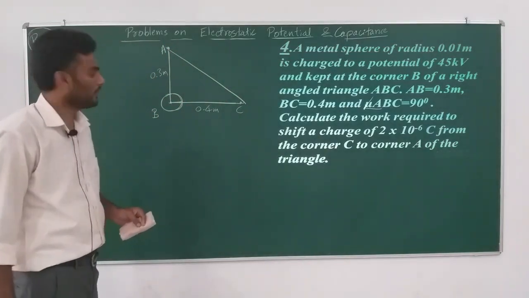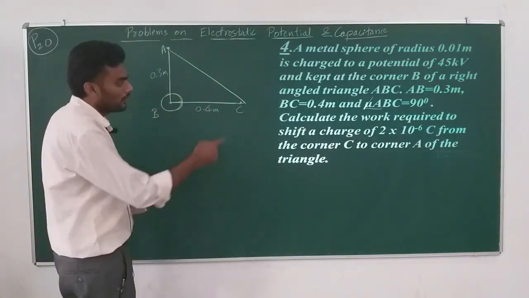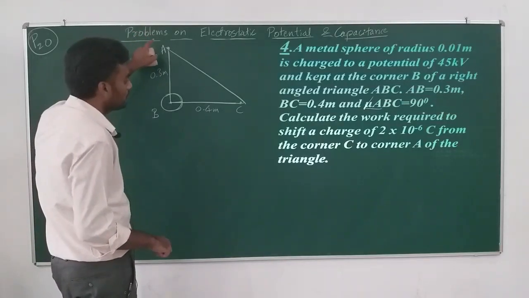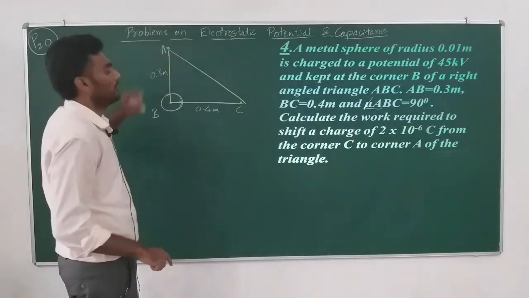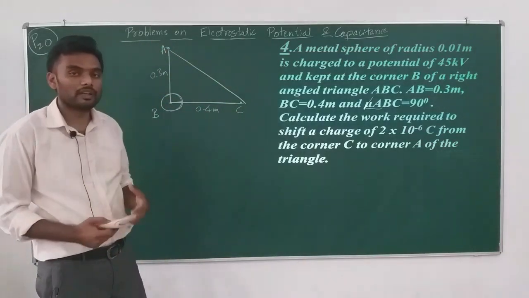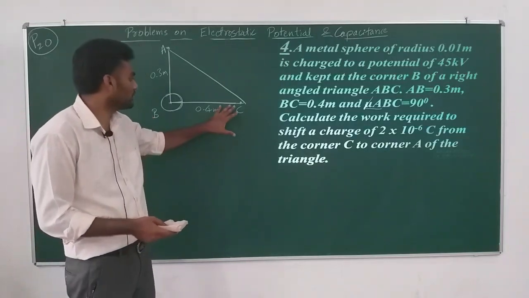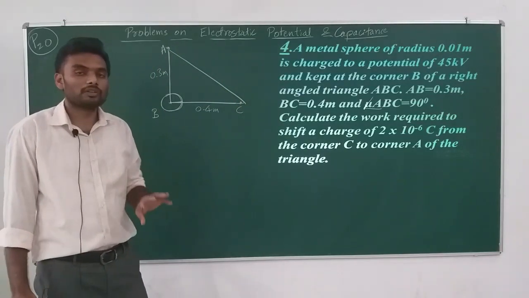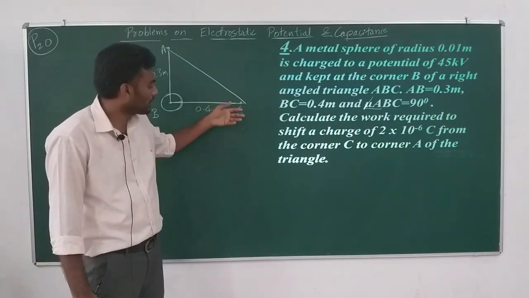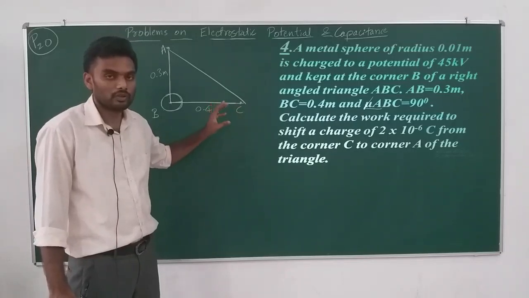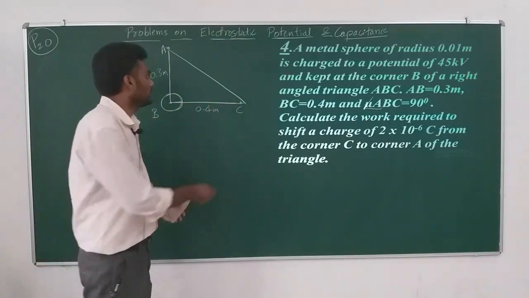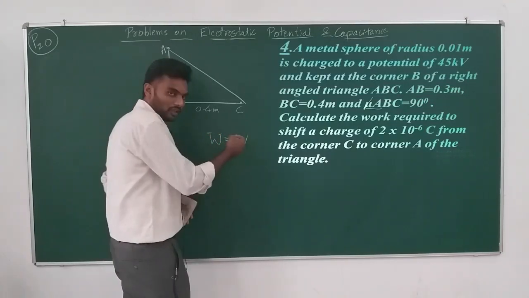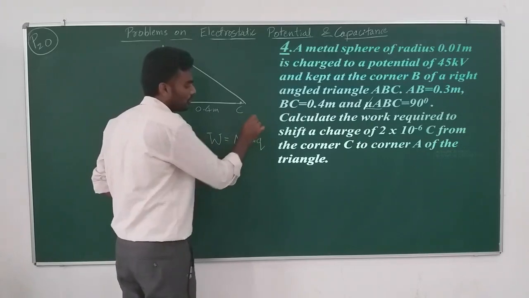Now calculate the work required to shift a charge of 2 into 10 to the power of minus 6 coulomb from corner C to corner A. So now I need to find the total amount of work that I need to do in order to shift a given charge from C to A. The work done W is equal to delta V, the potential difference, times the charge that we are moving.